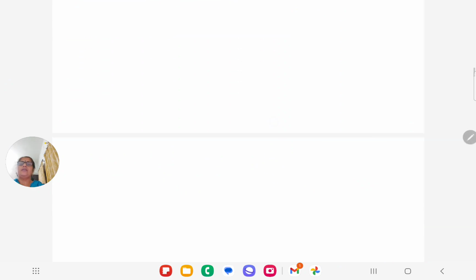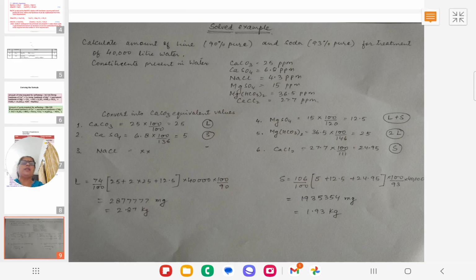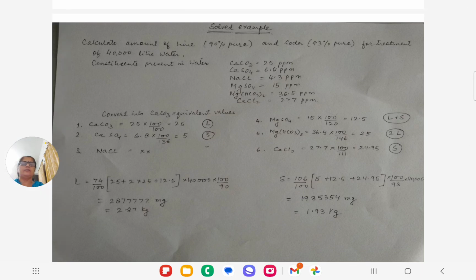Now we will try one more question. This is a solved example already. So what data is given here? Calculate the amount of lime which is 90% pure and soda which is 93% pure for purification of 40,000 liters. The constituents present are these 1, 2, 3, 4, 5, 6.